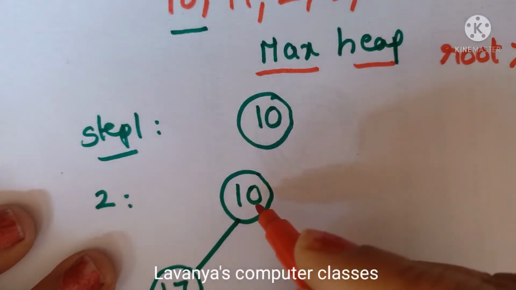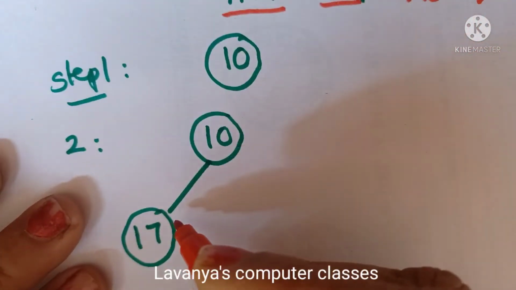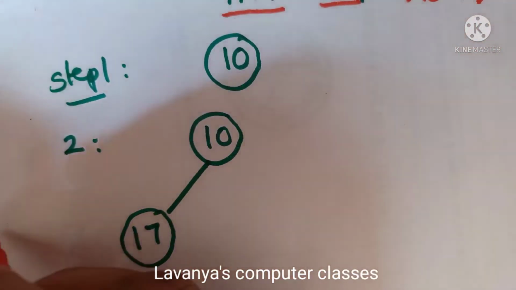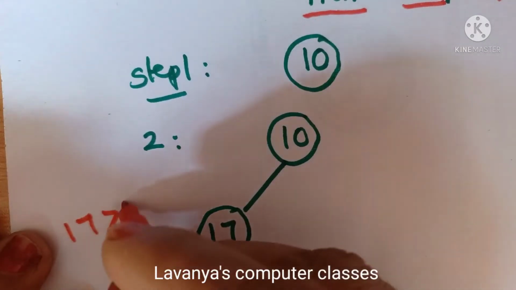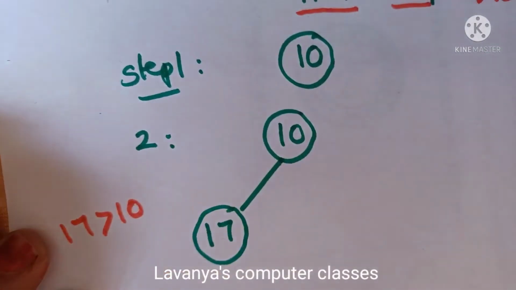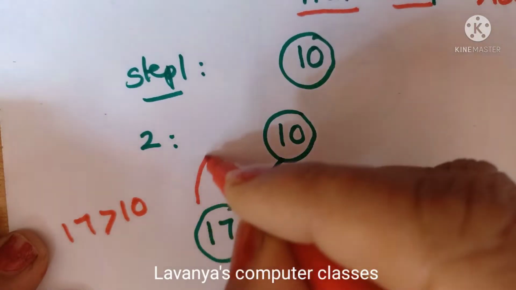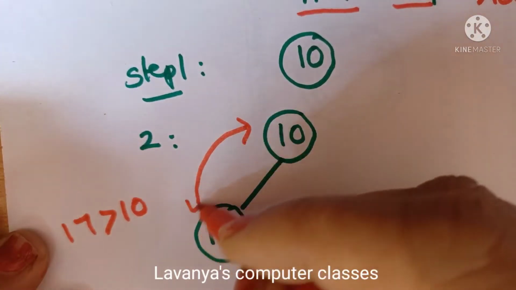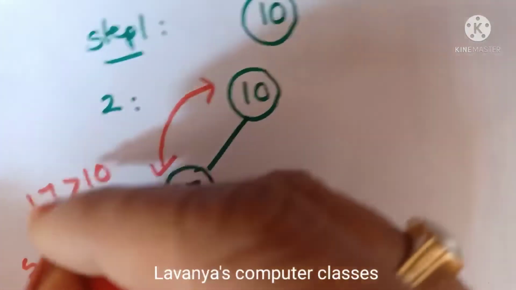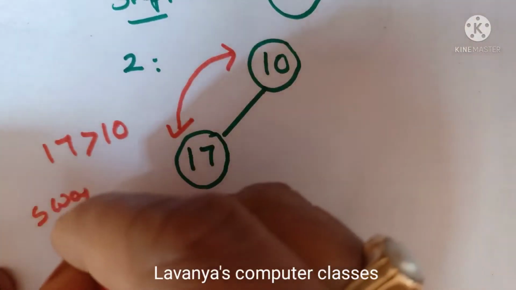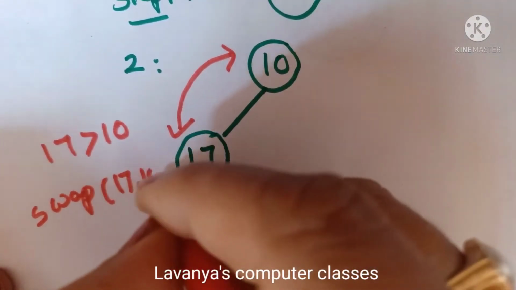But here 10 is the root node and 17 is the child node. 17 is more than 10, so it does not satisfy the max heap property. In this case, just swap the elements 17 and 10.